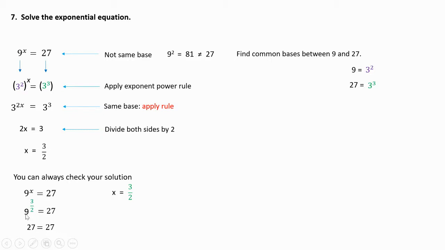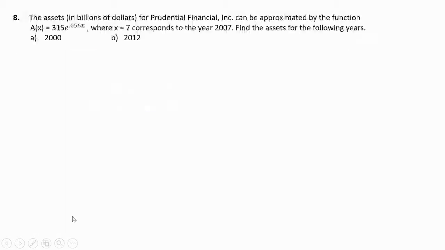If you have a base to a fraction exponent, this is called my index, and that's a power. That means the square root of 9, which is 3, and 3 cubed is 27. Or you can just put it in the calculator, and it's going to give you 27. So 3/2 is the correct answer.